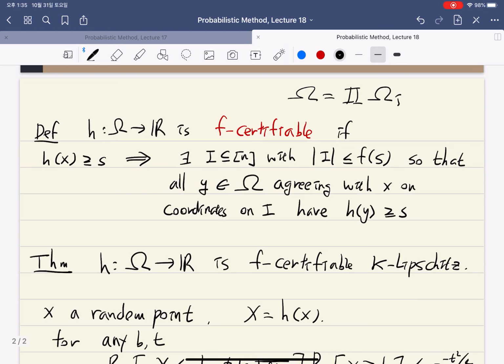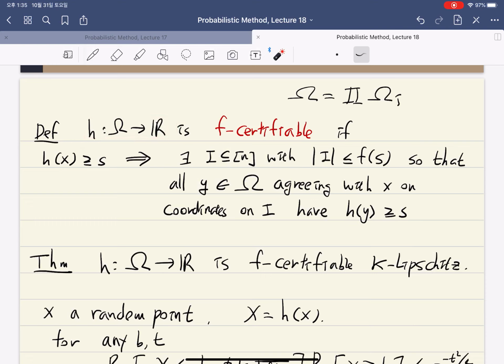So last time we proved the following theorem. We define this product probability space, and we consider some function on there.